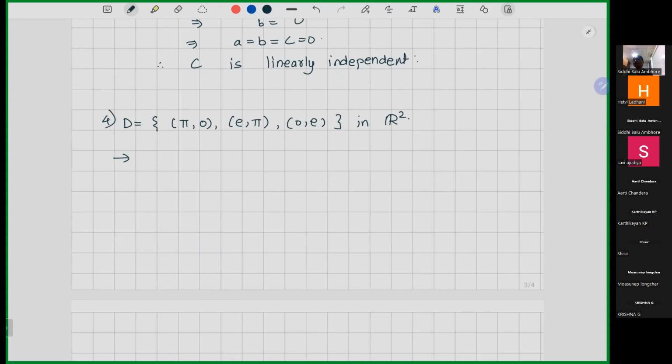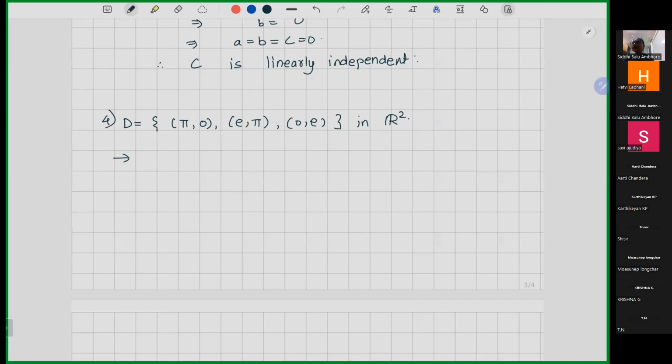You can unmute yourself and also speak, that's not a problem. So Hetvi is suggesting that this is dependent. Dependent, right? This is dependent.